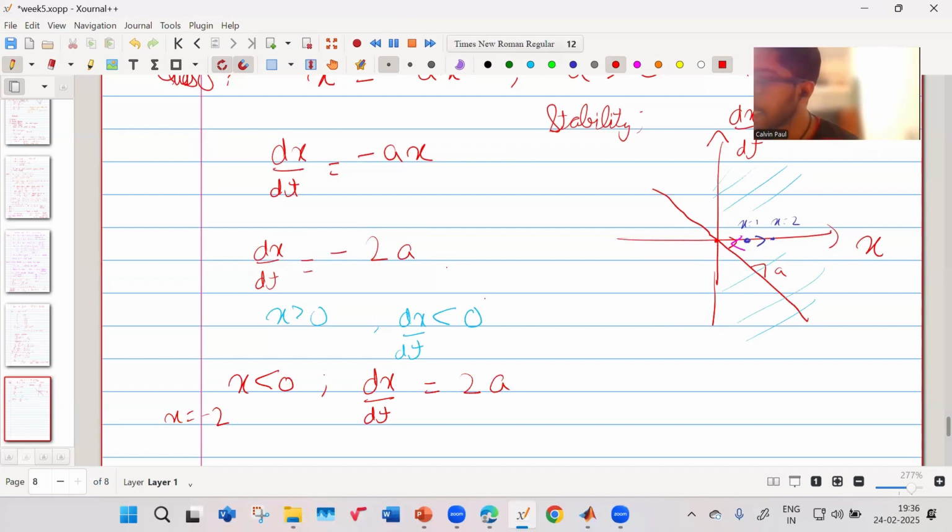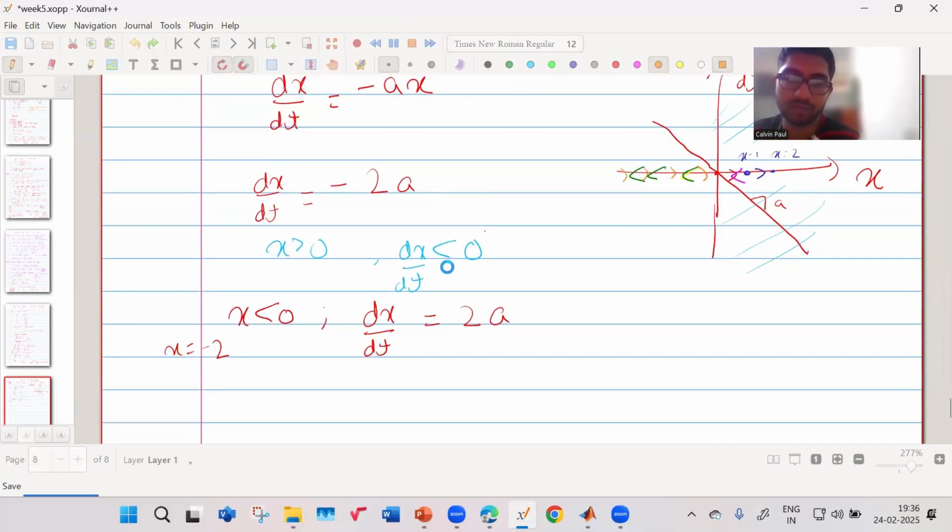My x is trying to go negative, but because my dx/dt is positive, it will increase x. X is trying to reduce, but it will increase x. That way it will bring it back to the origin. That is why the origin is stable.